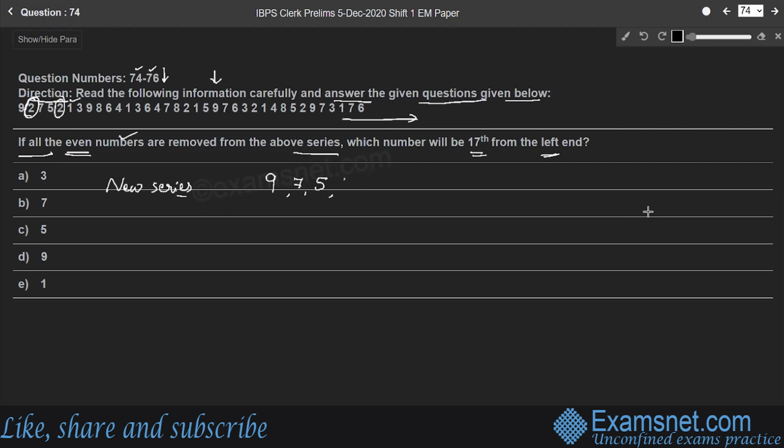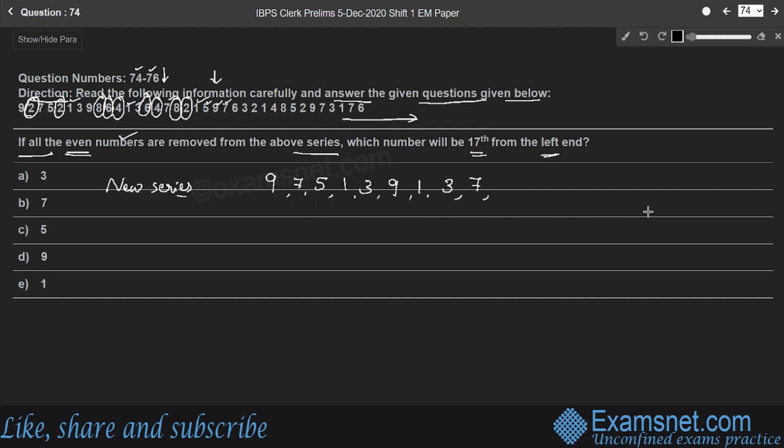Then 1, 3, 9, and 6 is also removed. 4 is an even number, 8 is an even number, 2 is an even number.